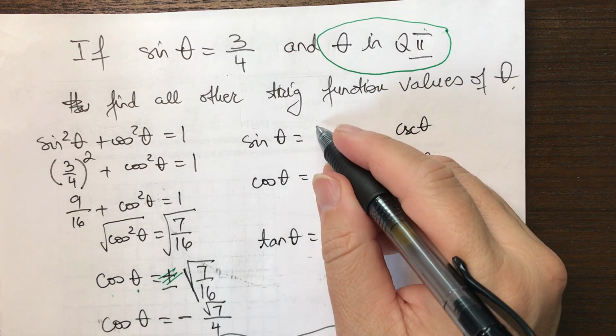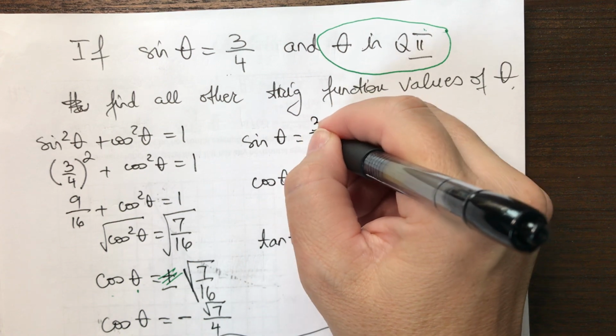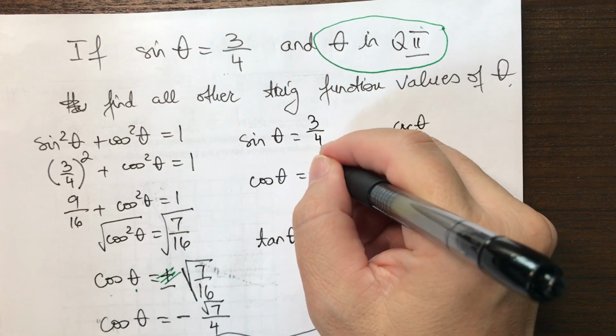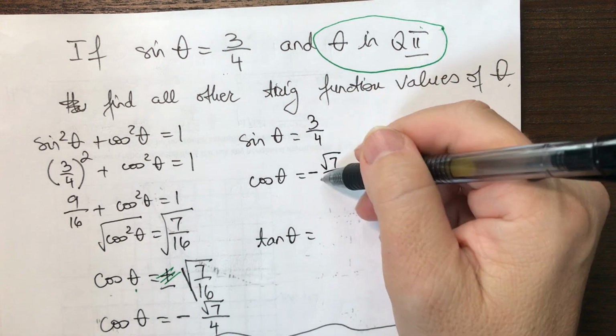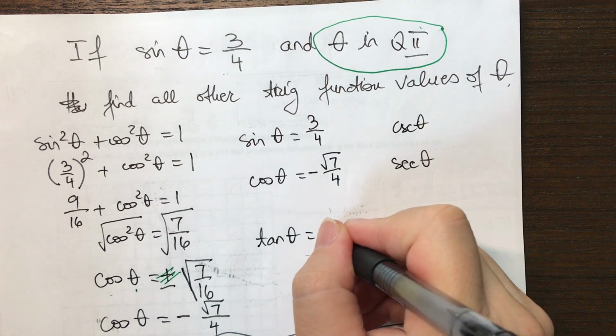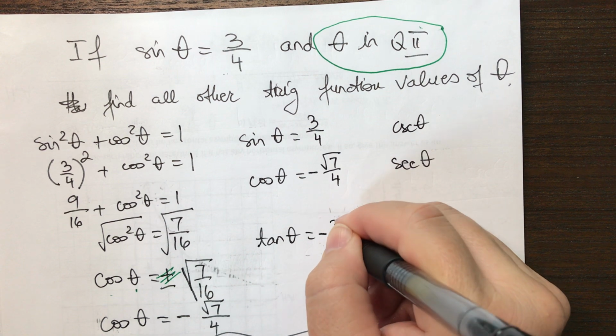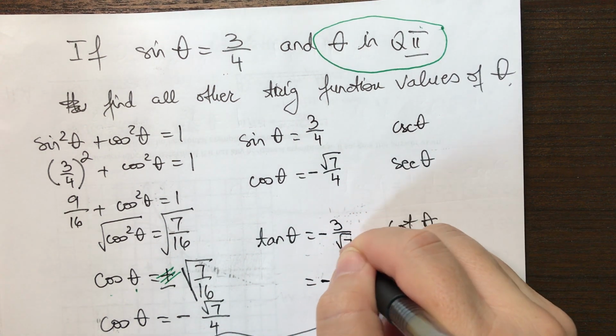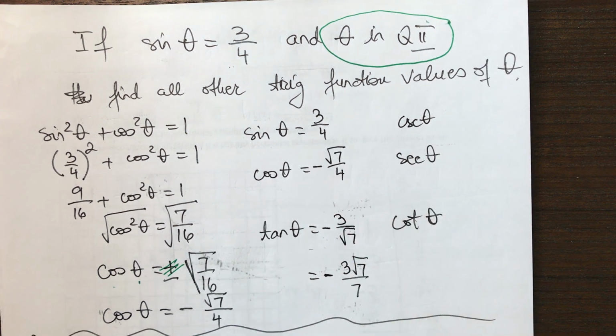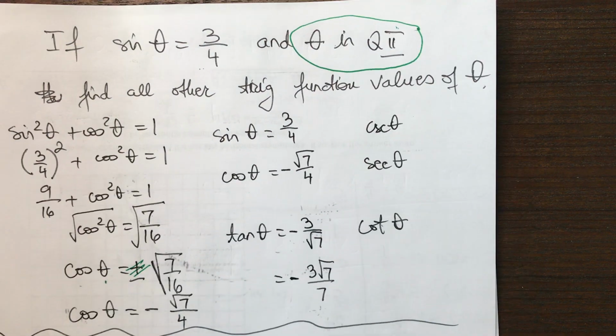So what was the sine value? 3/4. What was the cosine value? Negative square root of 7/4. How do you find the tangent? Divide the two. Yes, so negative 3 divided by the square root of 7, which can also be rationalized, and you should be rationalizing these. 3 square root of 7/7.